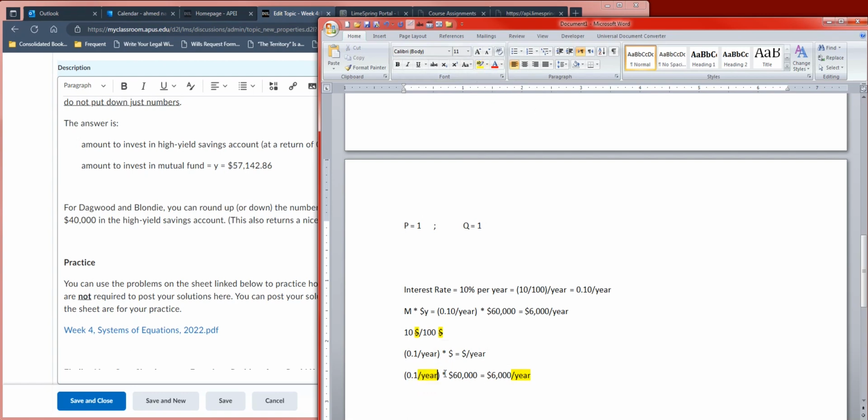And the dollar from this portion, let me just change the highlighter color. Oh, well, green goes with money, I guess. Here, right? So that's how you get dollars here and per year, because this is unitless, right? There are no units, but the rate is per year.